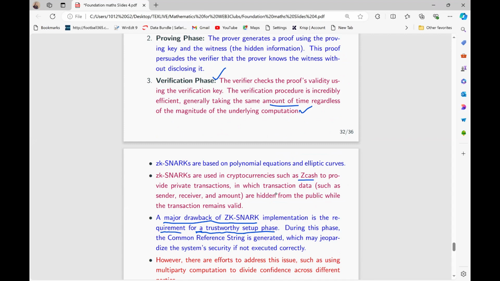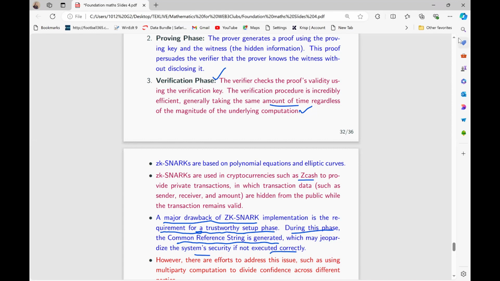We've already seen that this is where the proving key and the verification key are generated. But we're saying this phase has a disadvantage. During this phase, you saw a common reference string being generated, and this may jeopardize the system's security if not executed correctly.